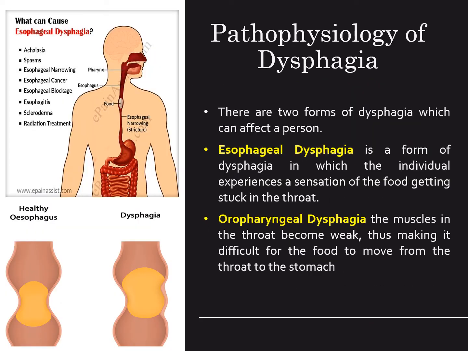Now we move to the pathophysiology, how dysphagia happens. There are two forms of dysphagia which can affect a person. First is esophageal dysphagia, a form of dysphagia in which the individual experiences a sensation of food getting stuck in the throat.